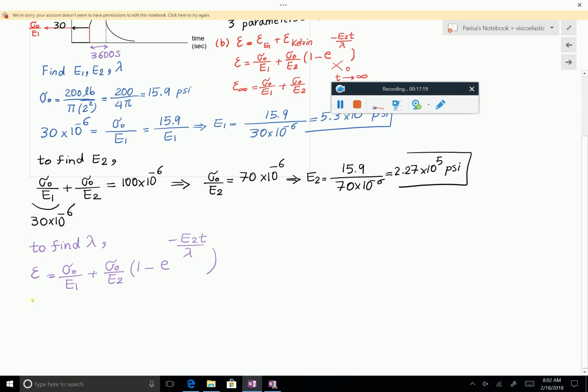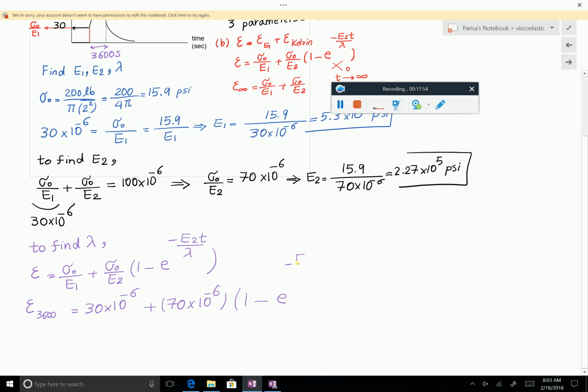Now, the epsilon at time 3600 seconds is 30 times 10 to the minus 6, plus this value, which we know is 70 times 10 to the minus 6, and then we have this term.